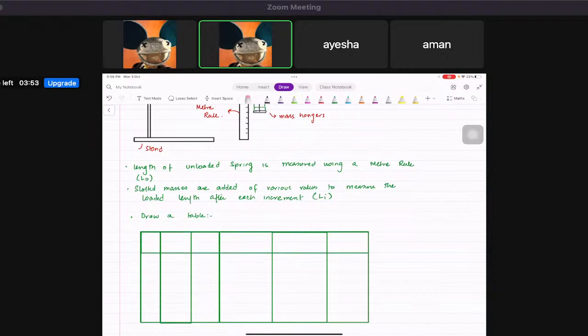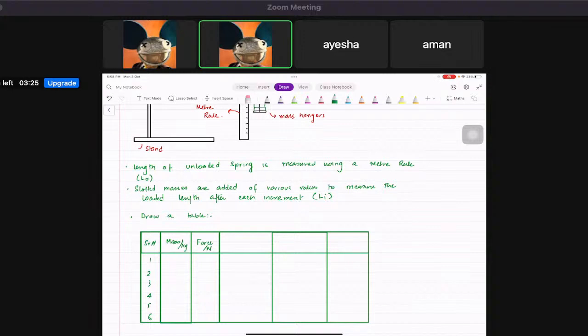So basically what you need is a serial number, which means 1, 2, 3, 4, 5, 6, the number of experiments you've done or the repetitions. You need mass, which you added, in kg. You need force in newtons, because you need to calculate the force. You can do it by mg.